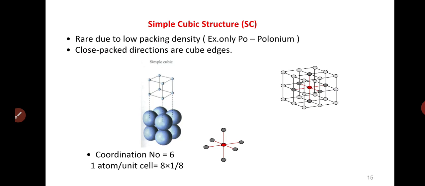Now the close pack directions are the cube edges, meaning the atoms touch each other only along the edges. So the concept is useful to calculate further the packing fraction of this type of cubic structures.